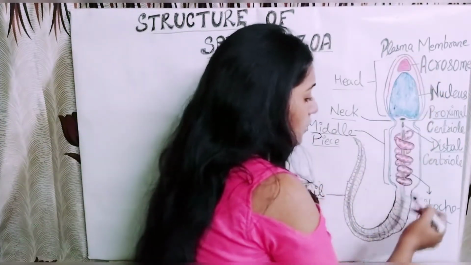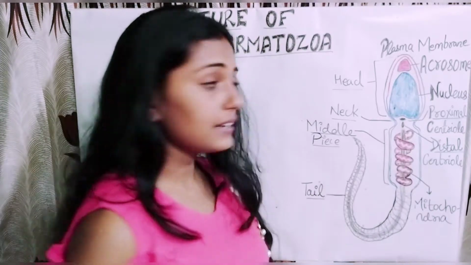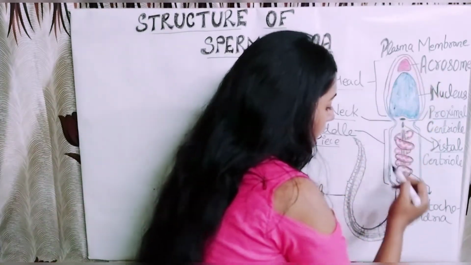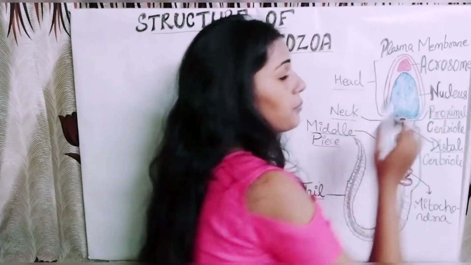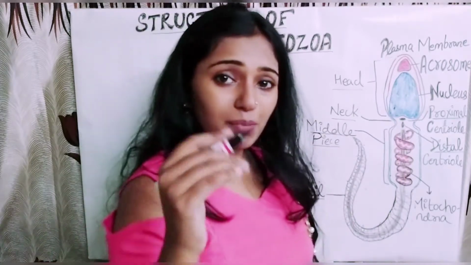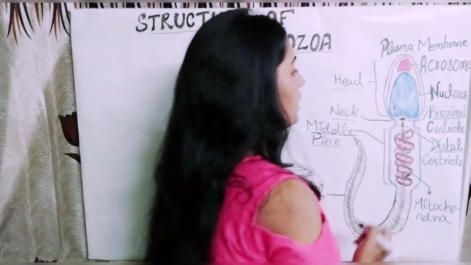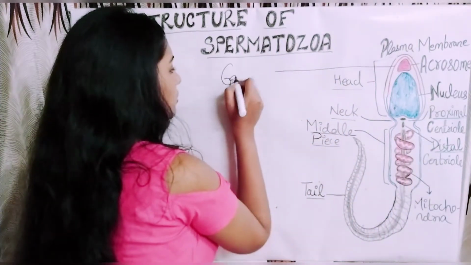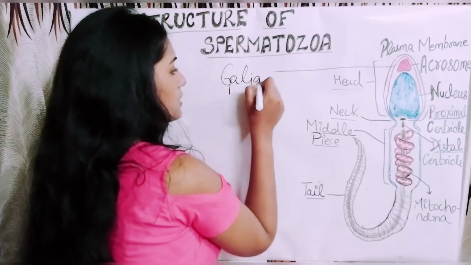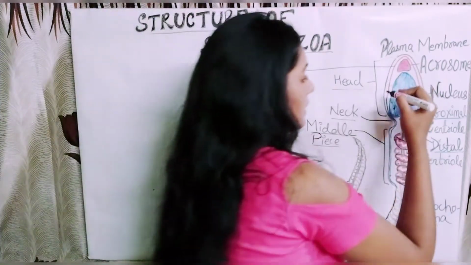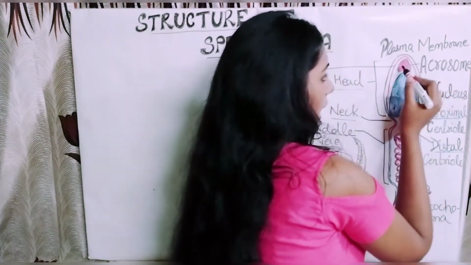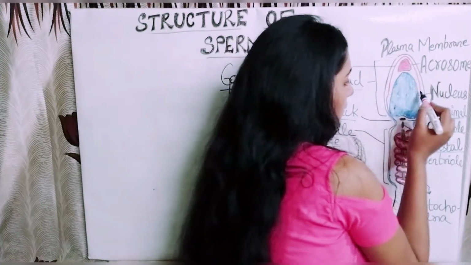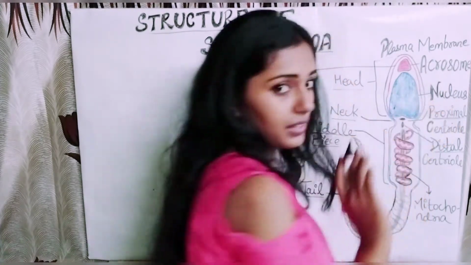The spermatozoa are lined by the external lining called the plasma membrane. Now under the plasma membrane there are 2 more membranes. First one is known as galea. This covers the acrosome and half of the nucleus.